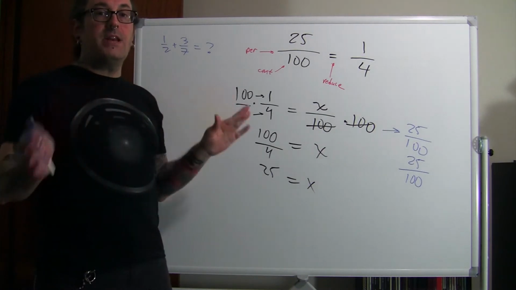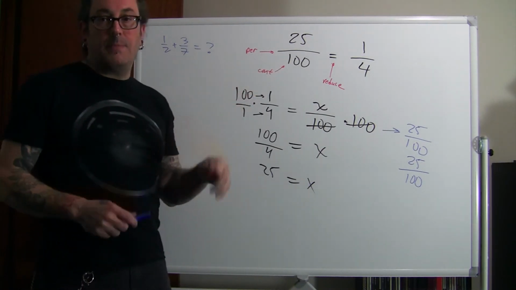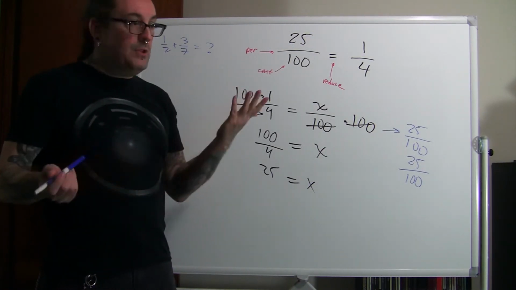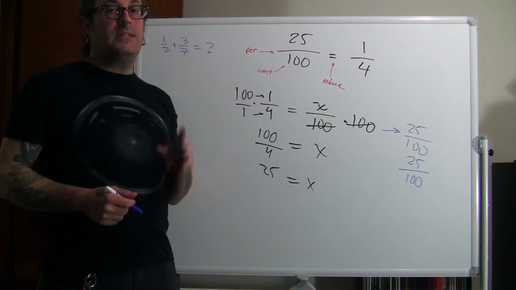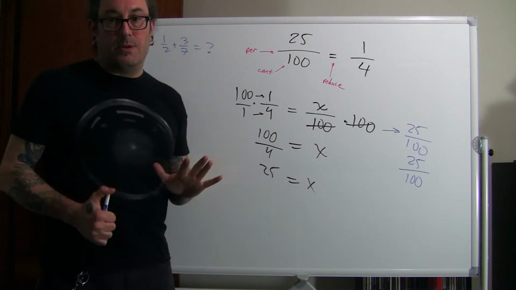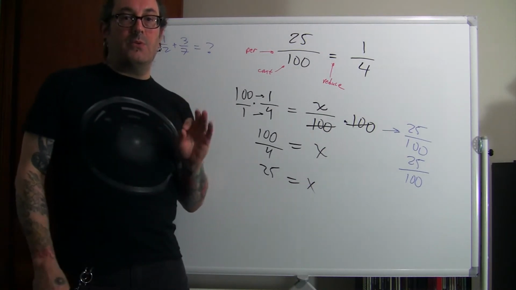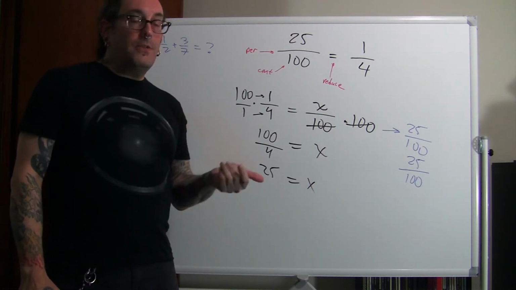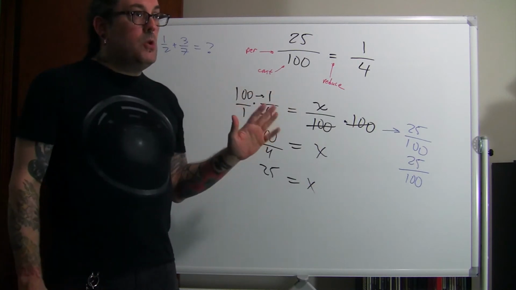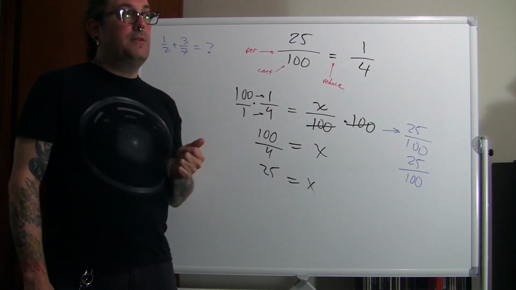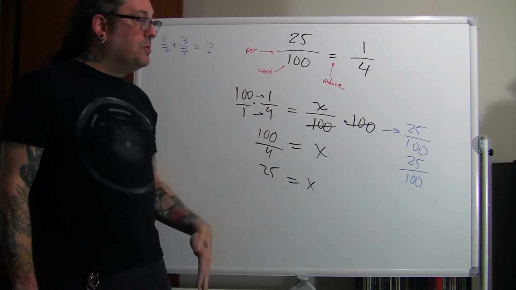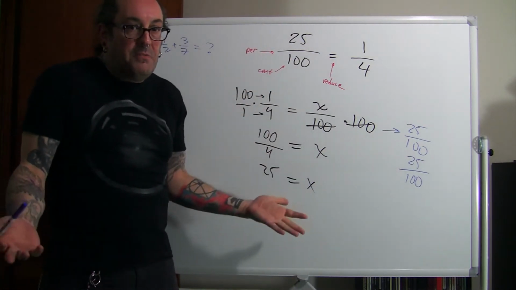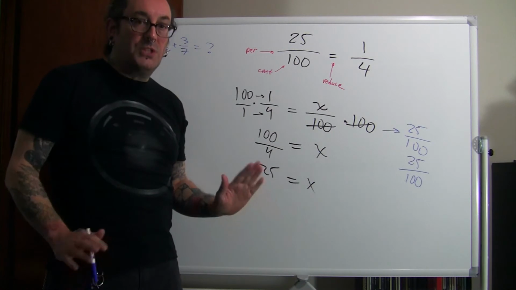I can express any darn thing I want with a denominator of 100. Absolutely. Let's take a look at the common problems that we get when we're dealing with percentages. As we do this, I'm going to write a sentence, and then I'm going to translate it into math.